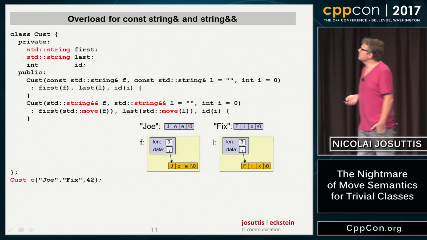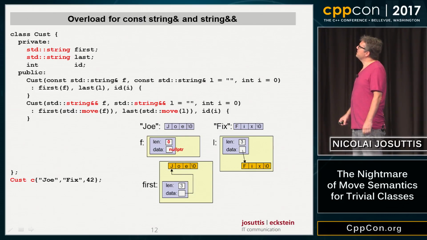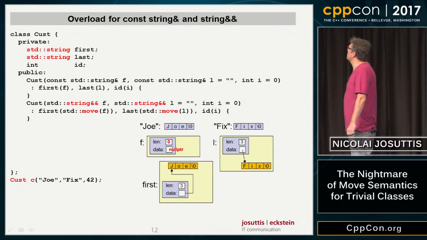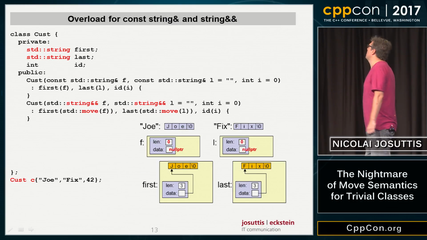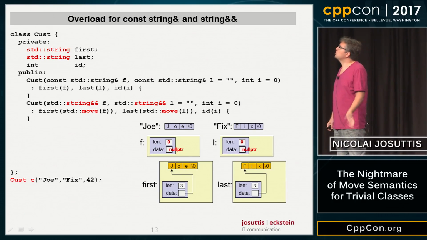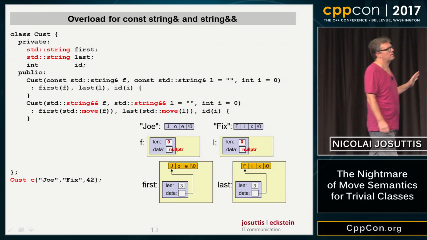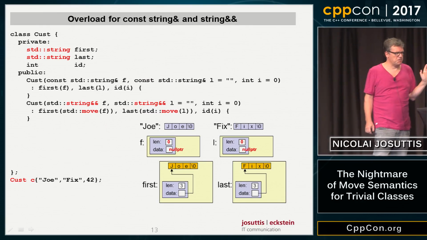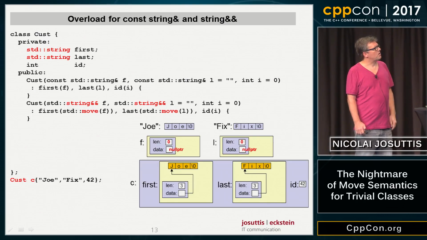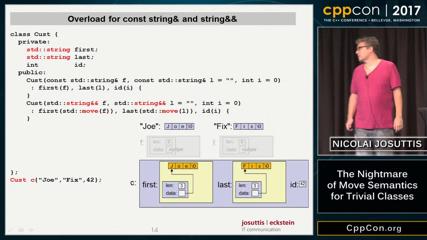So when we then initialize the string, we steal the heap memory of Joe, and we steal the heap memory of Fix, which means 2 mallocs only, because we still create temporaries, but copying them got cheap. And that's our final object, and we destruct the temporaries.